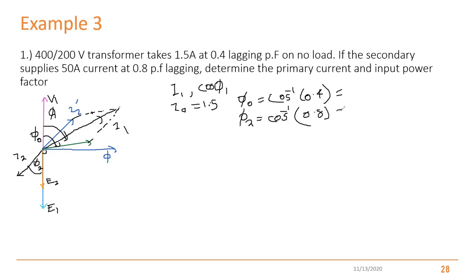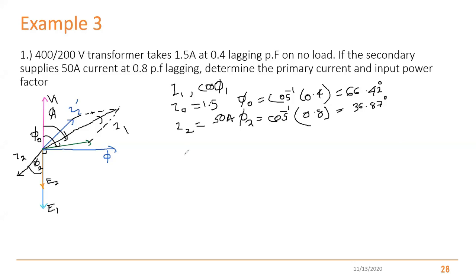Therefore you can calculate phi naught and phi 1. I2 is also given as 50 amperes. If you calculate, you get the I naught angle as 66.2, and phi 2 as 36.87.